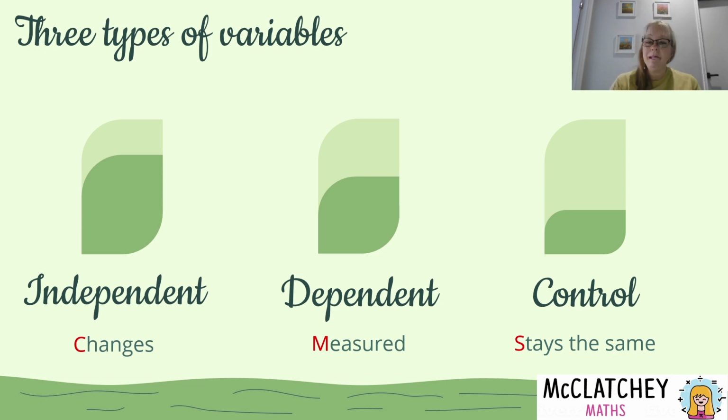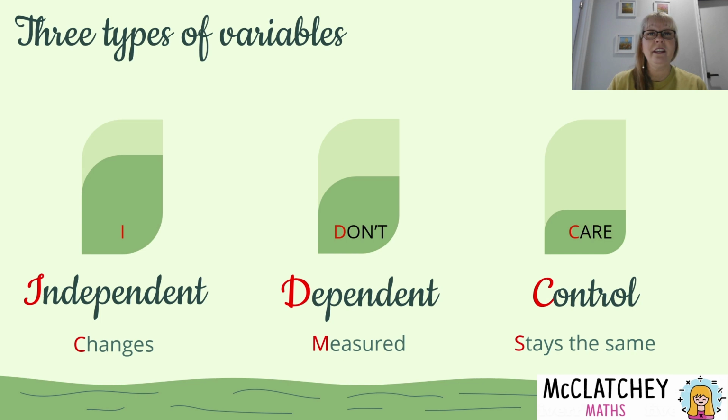But the problem with that is that most students don't understand which one goes with which. Cows moo softly. So they might remember that one changes, one is measured, and one stays the same, but they don't necessarily remember the order being independent, dependent, and control. So I've added to CMS with an I, a D, and a C. Independent, dependent, control, meaning I don't care.